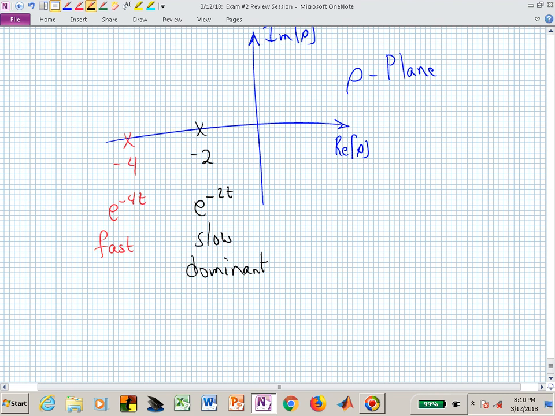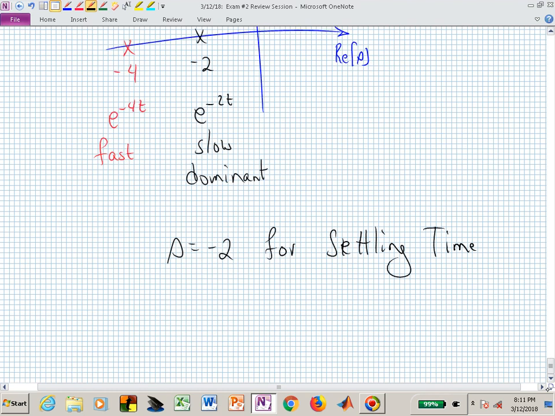That's the one you use for the settling time. So here you would use S equal to minus 2 for settling time.